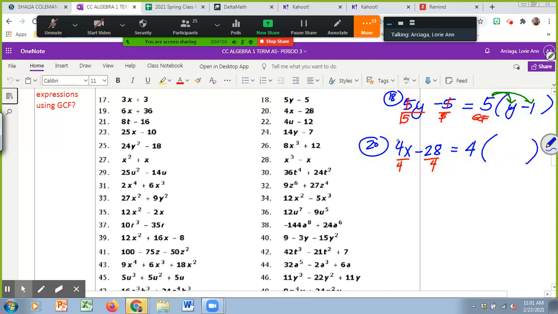What will it be? If you divide each of them by 4, cancel the 4 here. What are you left with? x. Perfect. And then 28 divided by 4 is negative 7. That's awesome.